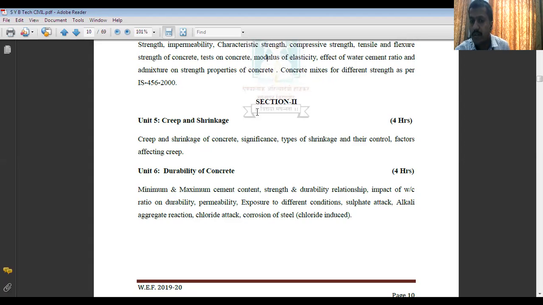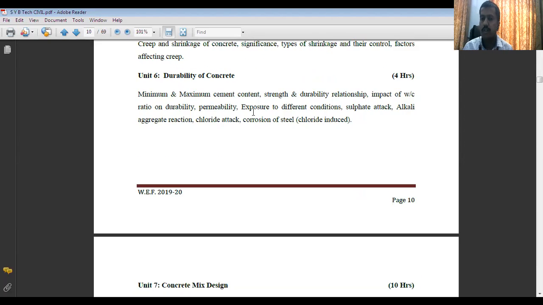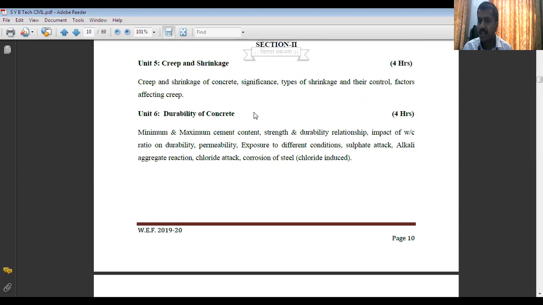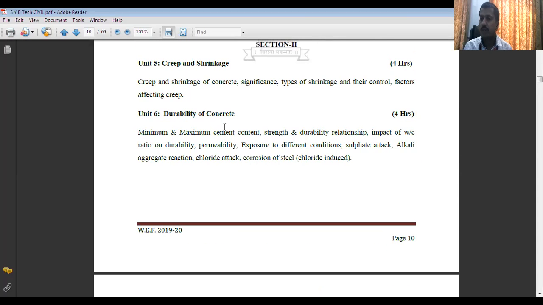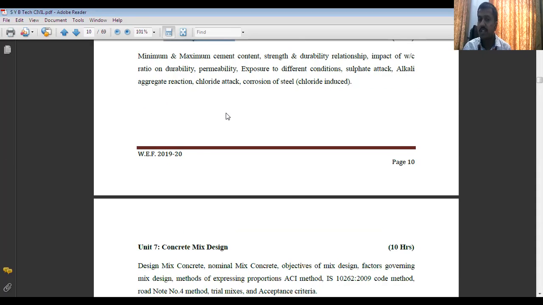Okay, so I think unit number 4 is done. From section 2 we are going to start unit number 5, creep and shrinkage, then durability of concrete. In unit number 5 you are going to deal with creep and shrinkage. What is creep and what is shrinkage, we are going to discuss in detail. Durability of concrete we are also going to discuss in detail.